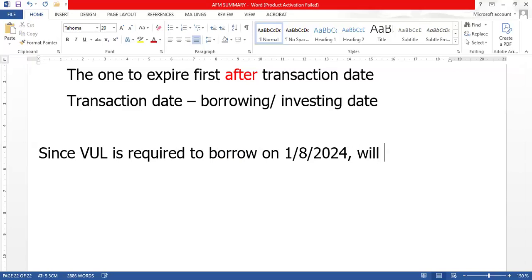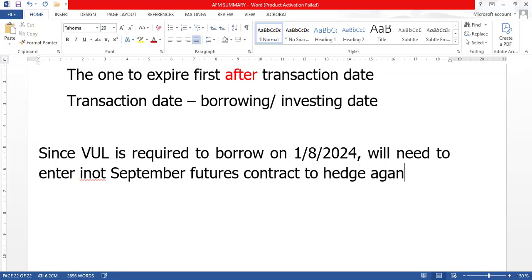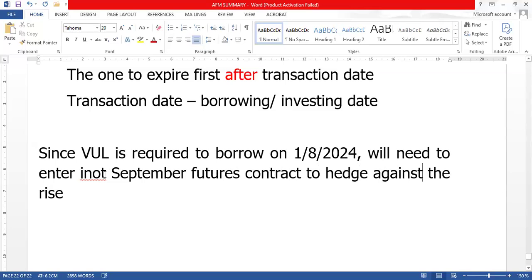we'll need to enter into September futures contract to hedge against the rise. Because you are a borrower, your worry is about the interest rate increasing.